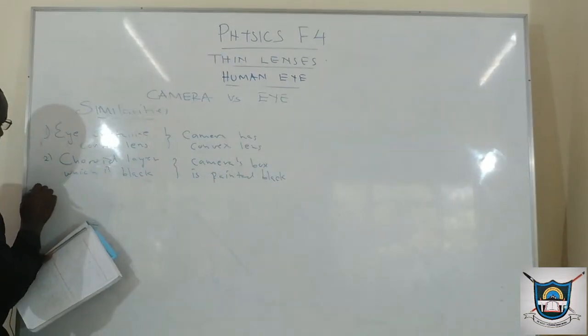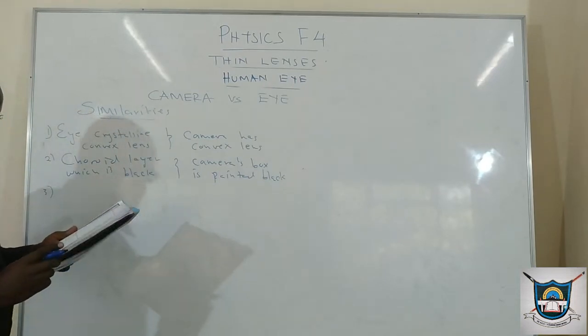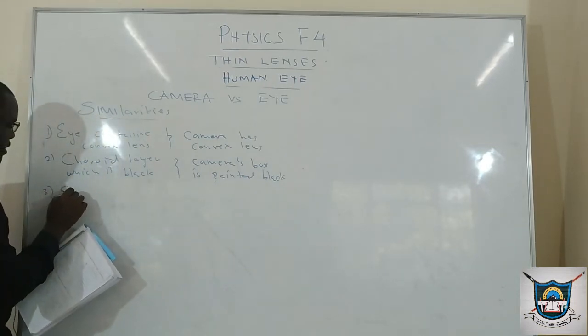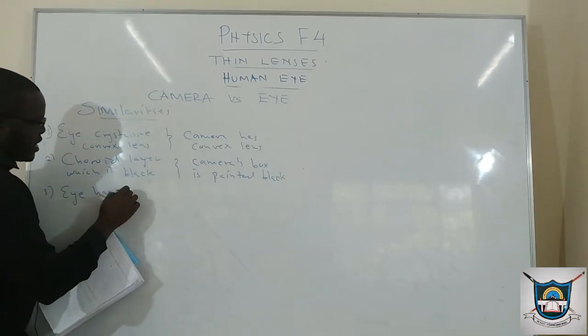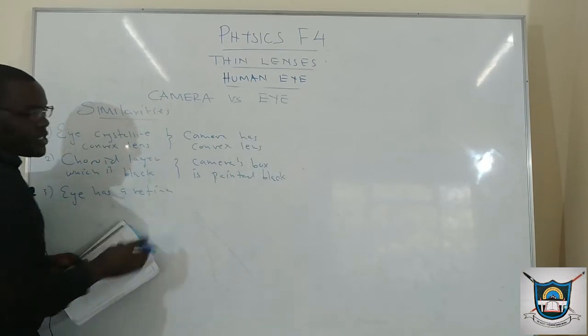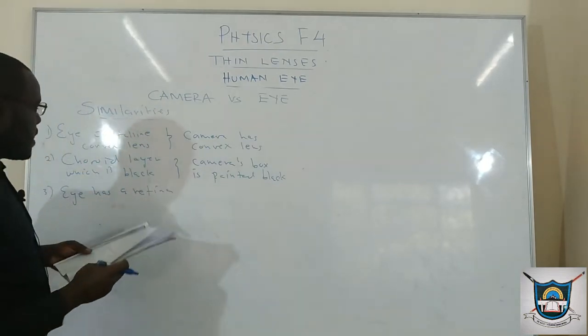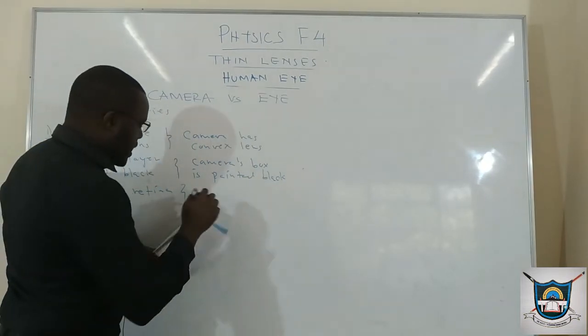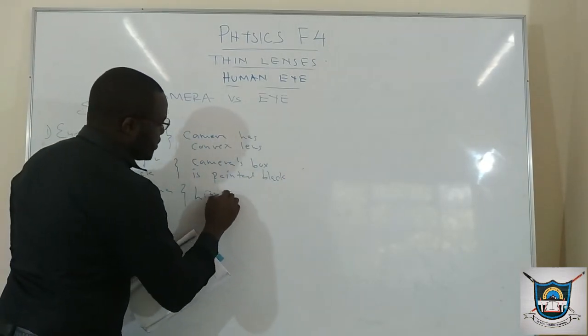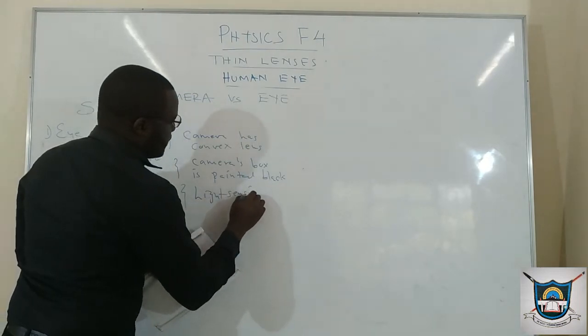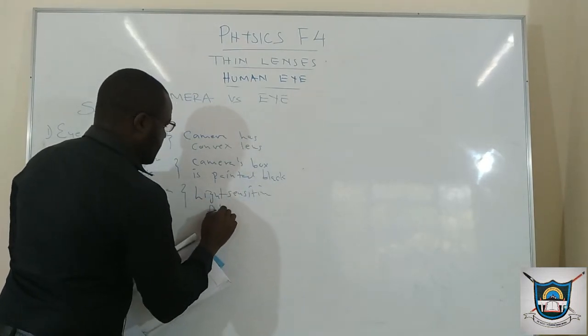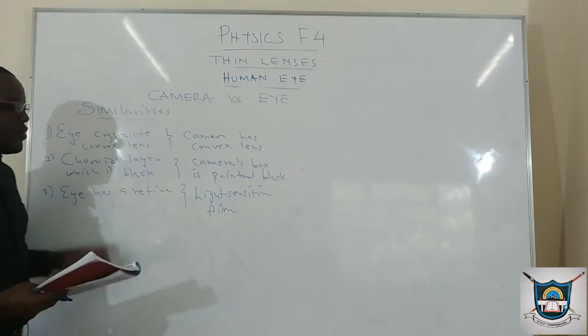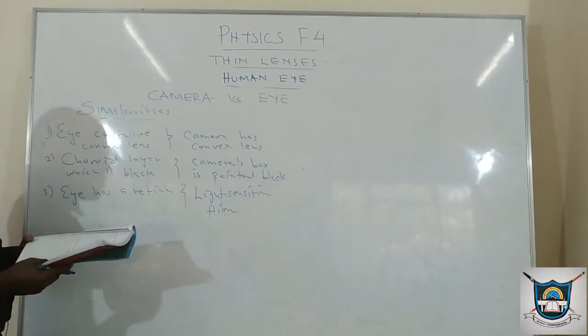Another similarity, number three, we say that the eye has a retina that receives the images. On the other side, the camera has light sensitive film that receives the image. So both of them have somewhere where the image is received.